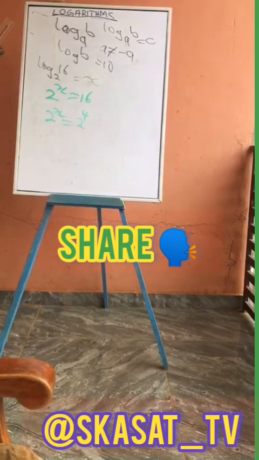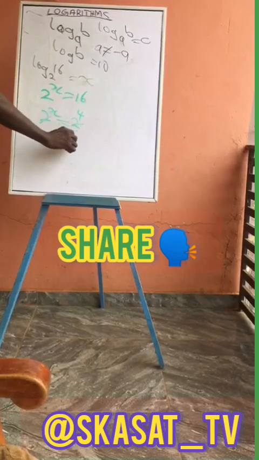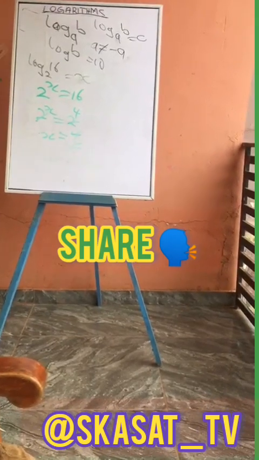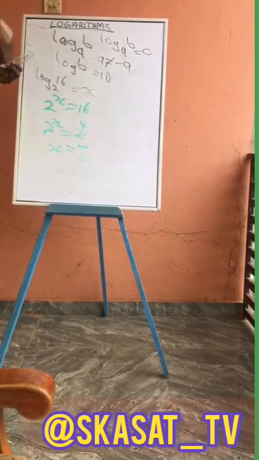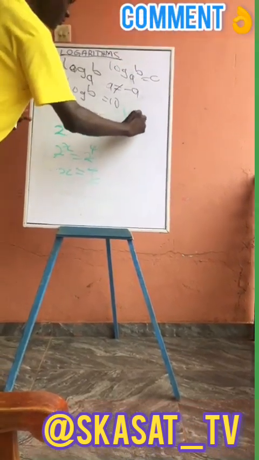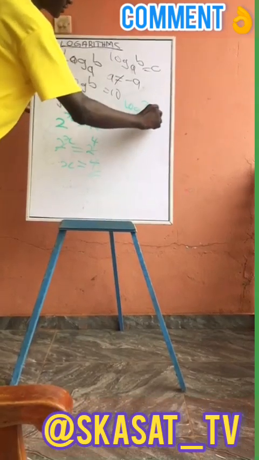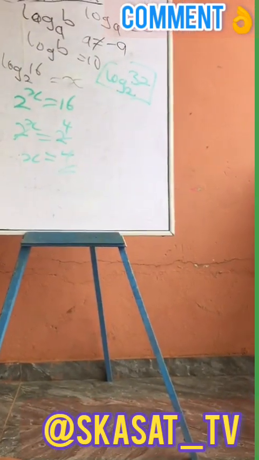So according to indices, the bases are the same, so this cancels this. Then we have our x to be 4. So I have a simple illustrative example for you to solve. So solve this one for me. I'm waiting for you. Log_2 32. Solve this one without using a calculator.